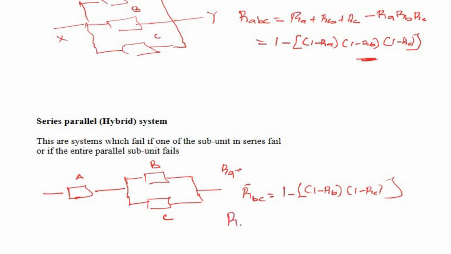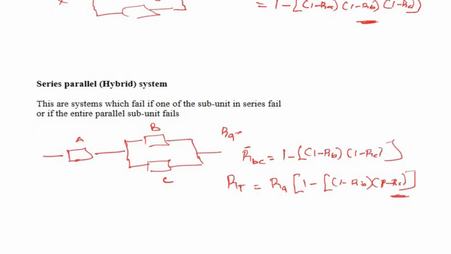So the total reliability will be equal to reliability of A multiplied by 1 minus open bracket 1 minus reliability of B multiplied by 1 minus reliability of C. So you can see here we are combining the two laws together to get the final reliability. So that is all for types of system. We also have the parallel series. This hybrid system can be connected in different ways.